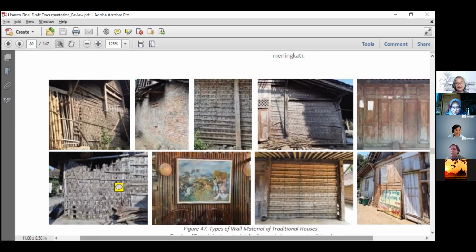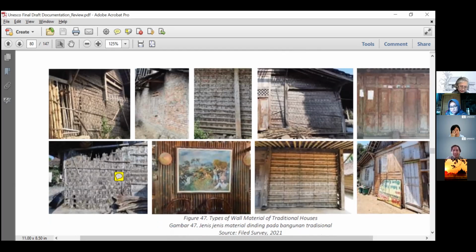I hope you can see the shared screen. You have given some good examples, for instance the materials and motifs. But what I would like to raise is this example regarding the use of bamboo materials.